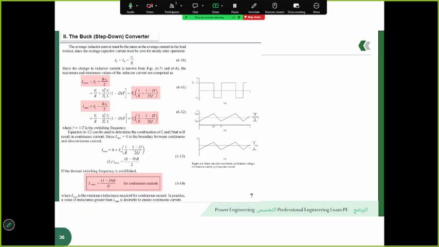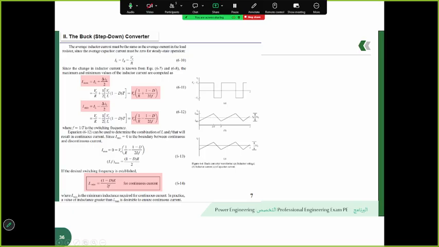Figure B shows the inductor current, which rises linearly during the on time, with a slope that depends on (Vi minus Vo) over L, and falls linearly during the off time, with a slope that depends on Vo over L. So the triangle shape reflects the charging and discharging of the inductor.